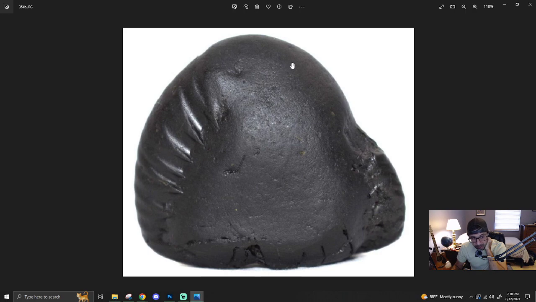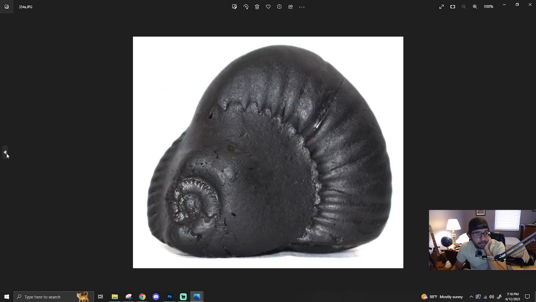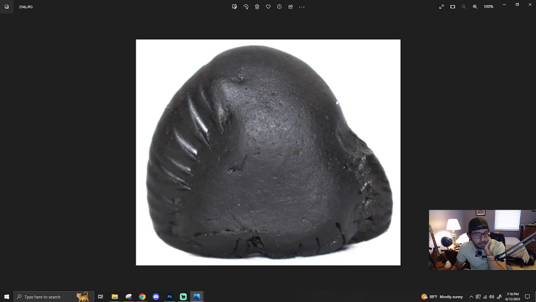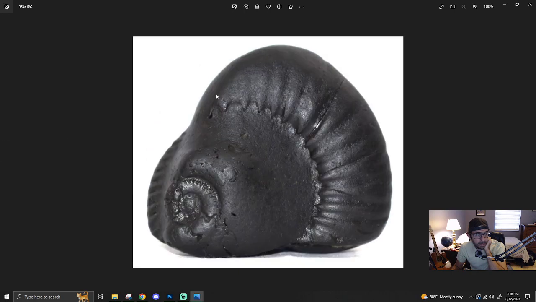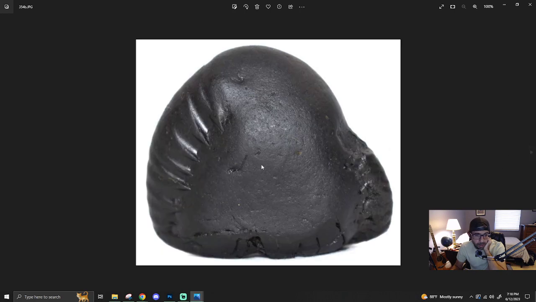So maybe underneath this, it's got more like this that just has layers of this atop it. There. Flowing over, around. It's definitely flowing this way. So this is the bottom, yeah.